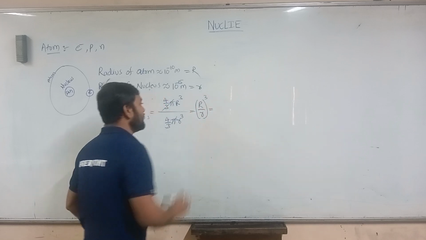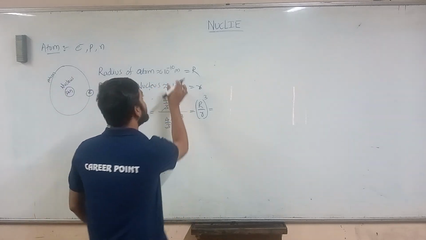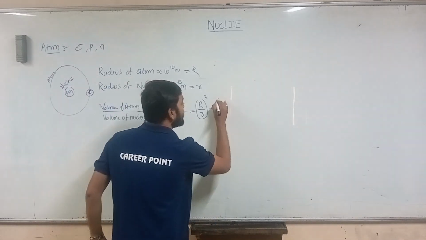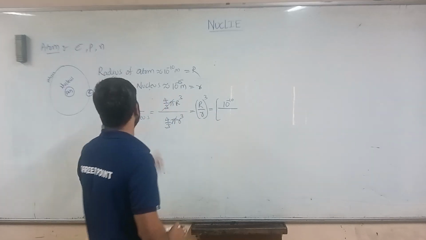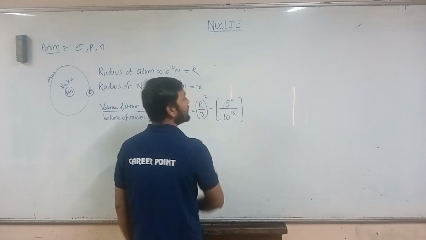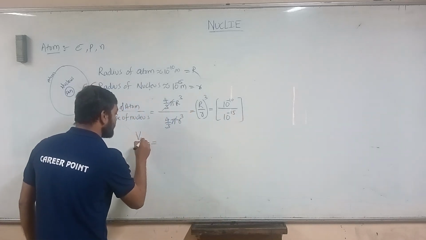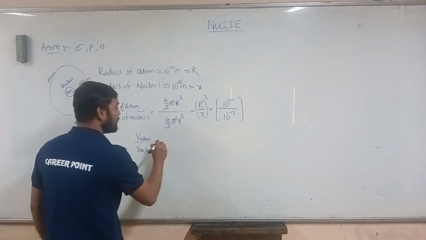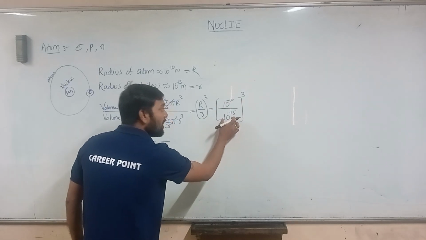The radius of the atom is 10 power minus 10 meters, and the radius of the nucleus is about 10 power minus 15.